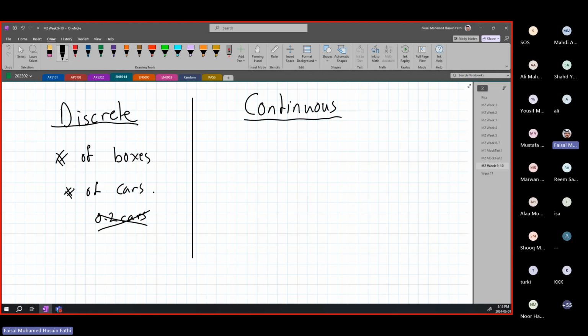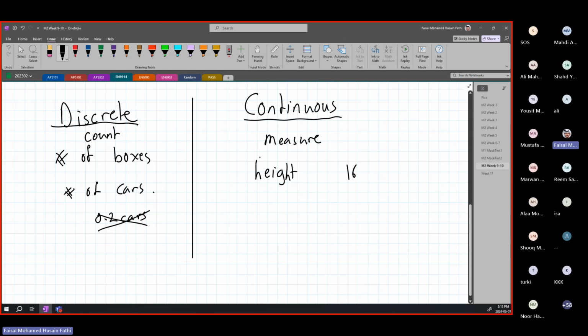Continuous data is something usually you measure. So for discrete, we talk about counting, and for continuous, we talk about measuring, all right? Continuous data, like I said, is measuring. It could look something like I previously said, the height, because someone's height could be 163.75, and that is also not 100% accurate.